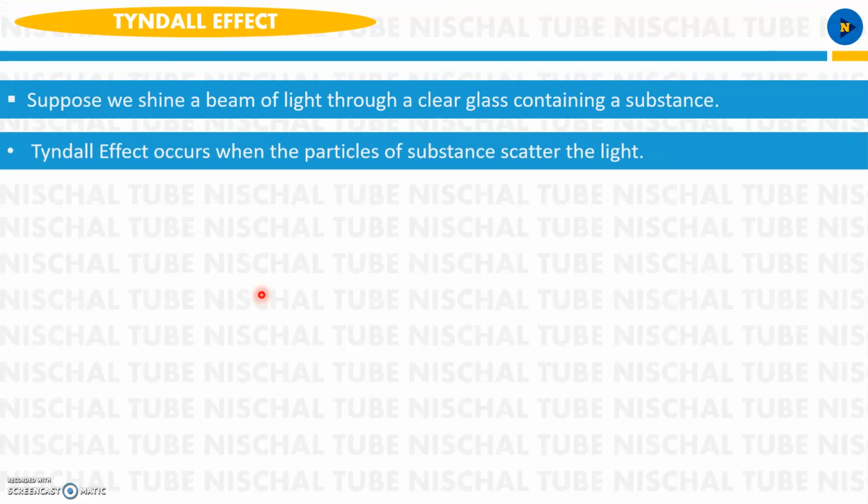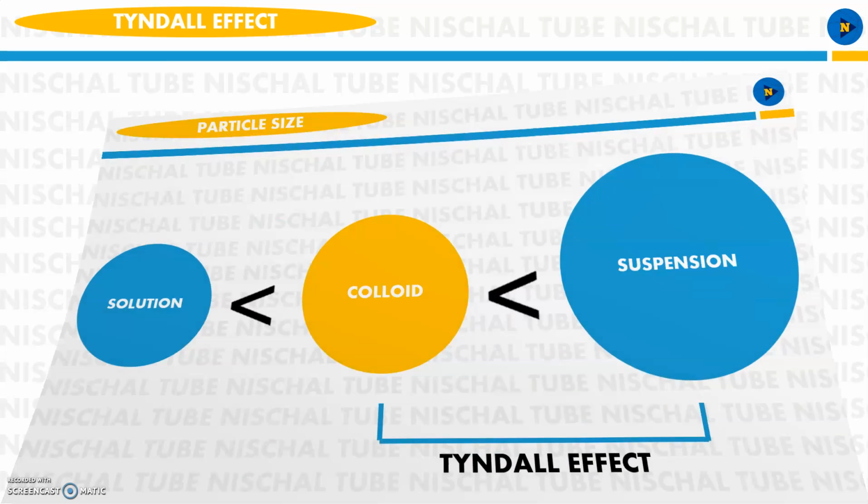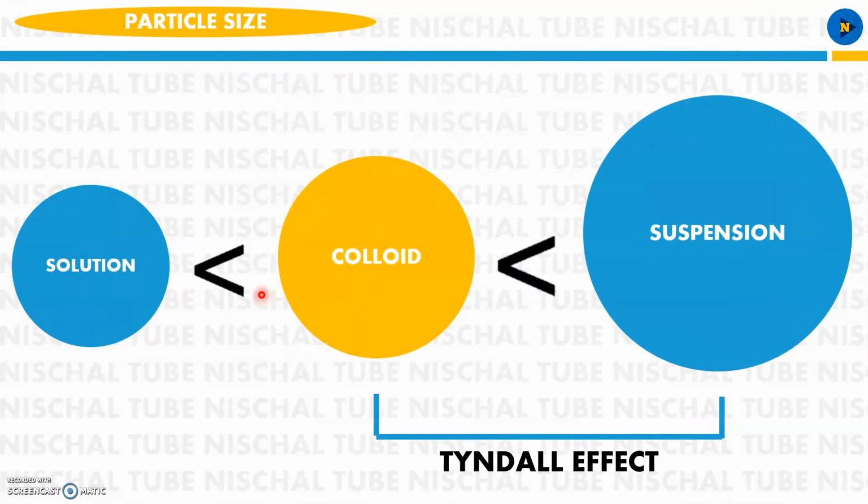This substance could either be a solute, a solvent, or a colloid. The Tyndall effect occurs when the particles of substance scatter the light.